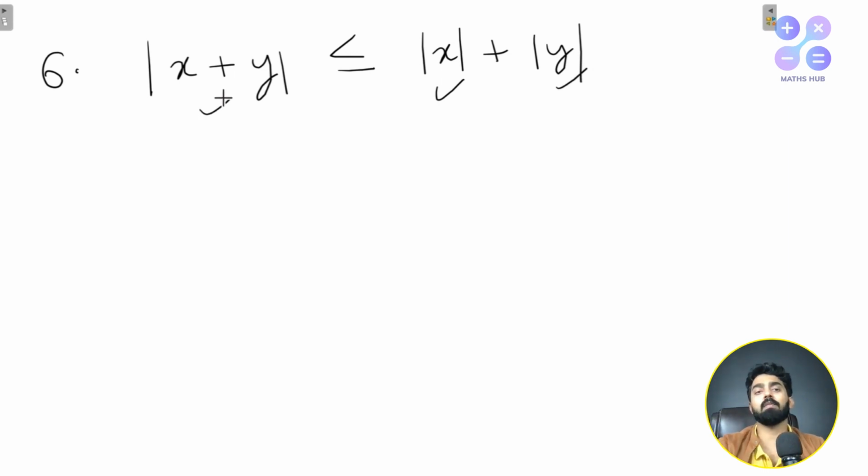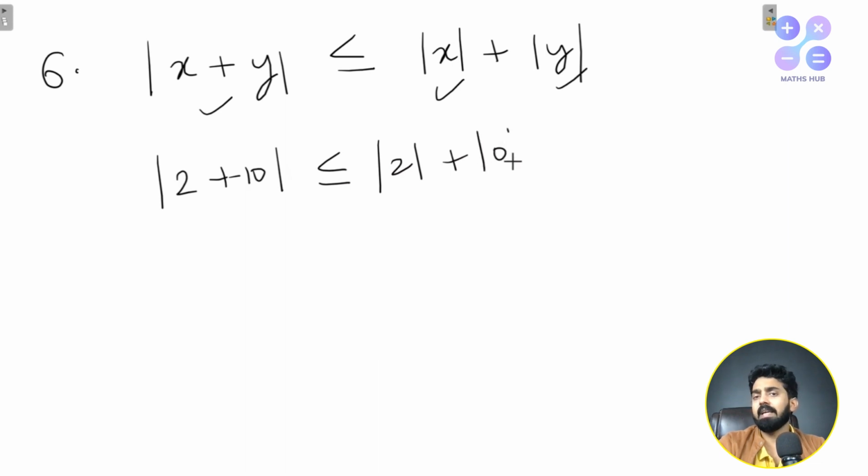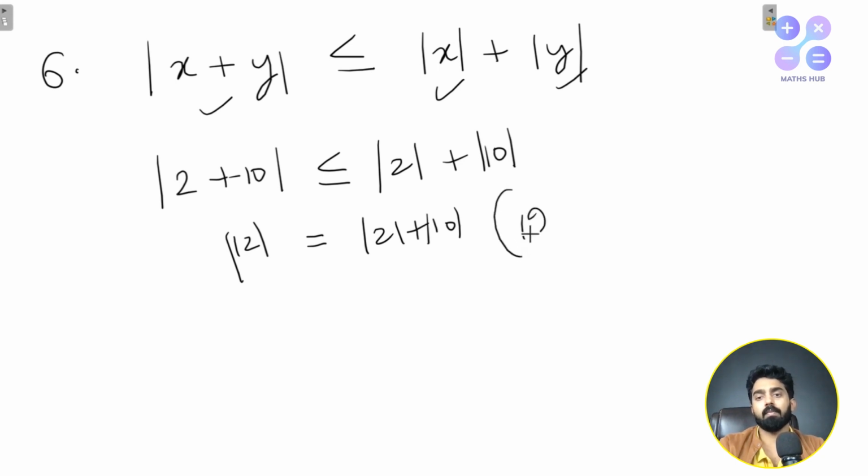If you take an example, you can very clearly see that. The modulus of 2 plus 10 is the modulus of 12, and the individual modulus values add up to 2 plus 10, which is also 12. So in this case, both are equal to 12.